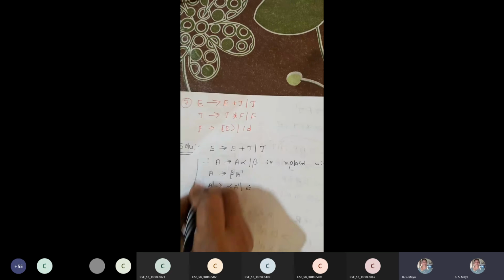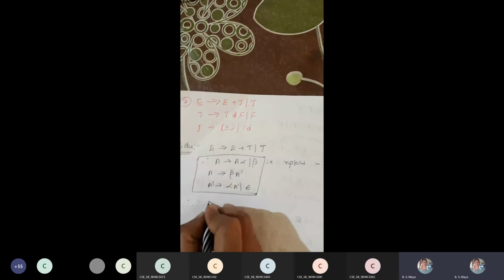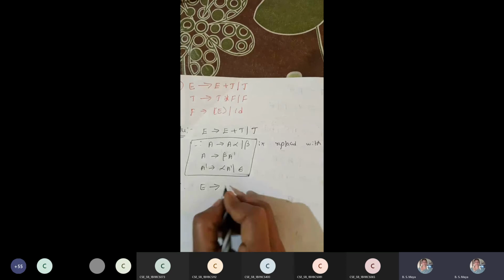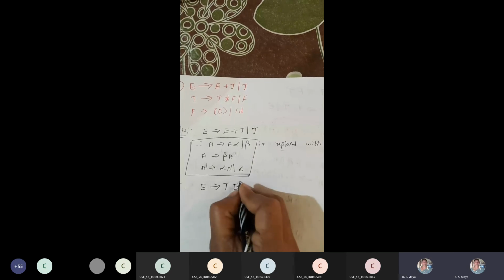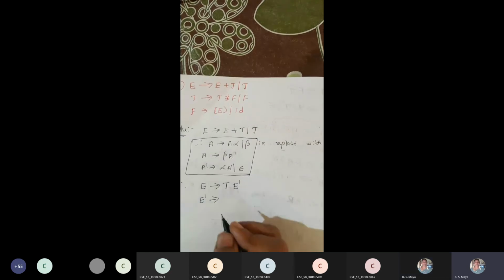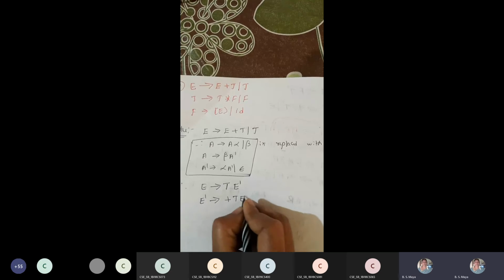You should apply this formula. Therefore, E derives T E dash. What is E dash? E dash derives plus T E dash and epsilon.